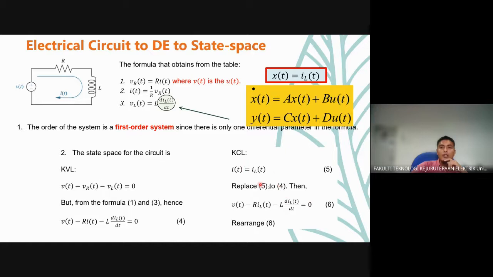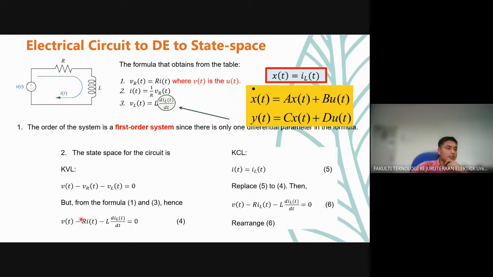So why do we need to do the replacement of 5 into 4? Because in the equation we just need the parameter that varies with time to be in terms of ILT only. Let me explain the meaning of that. You can see that this is IT.